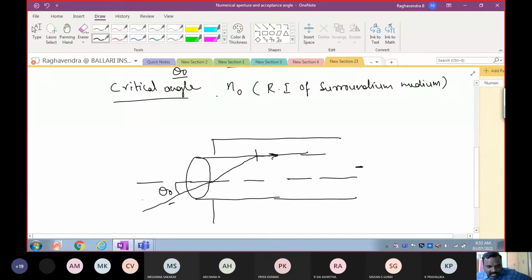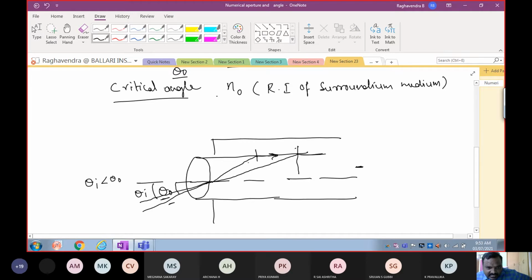Okay, assume that I will send one more ray. And here the angle of incidence, this theta I, is less than theta naught. Yes, sir. So therefore, this ray undergoes refraction and is incident on the interface in between the core and cladding.